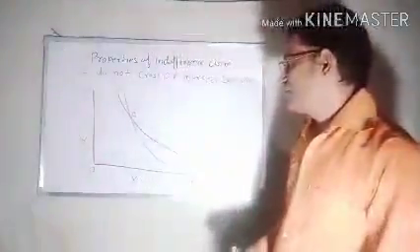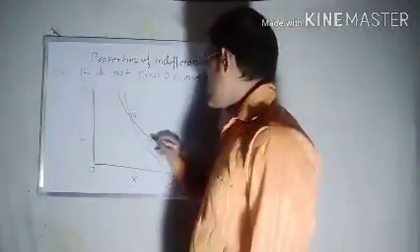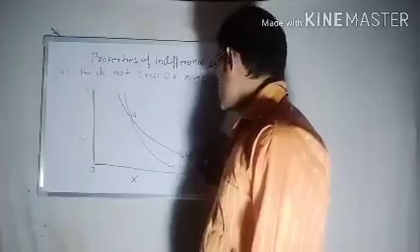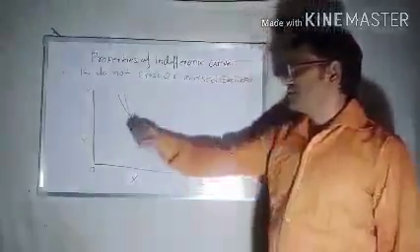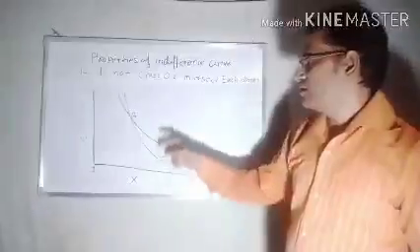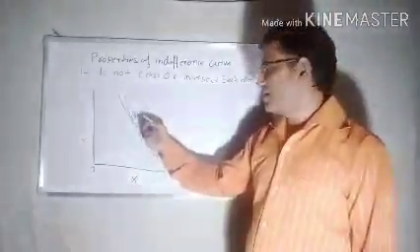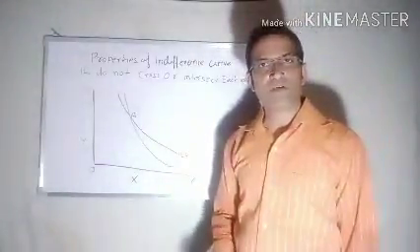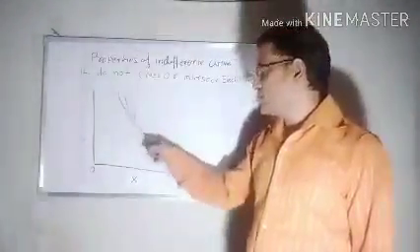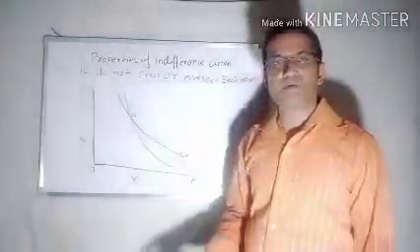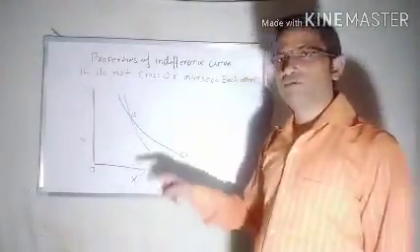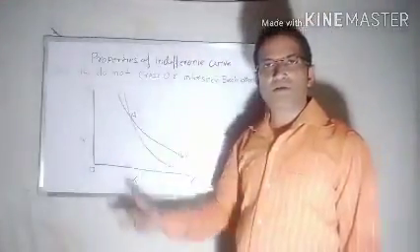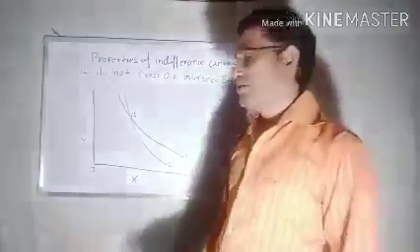Now you can see, if we say IC1, IC2, and the point A, both the IC curves are intersecting at point A. It means that point A gives equal satisfaction. We already discussed that any point of one curve gives the same level of satisfaction. So how is it possible that we are moving to a higher indifference curve and it is giving the same level of satisfaction? It can't be possible.